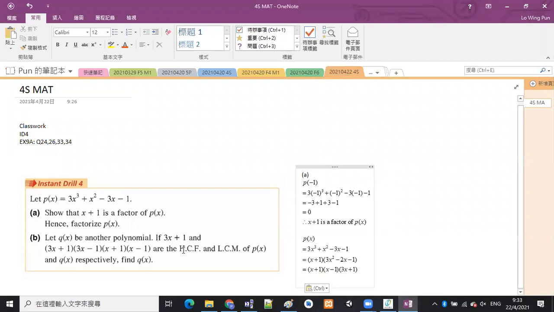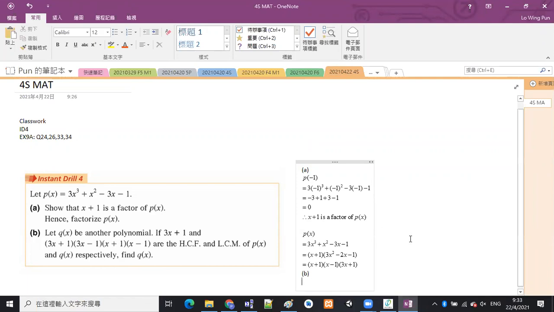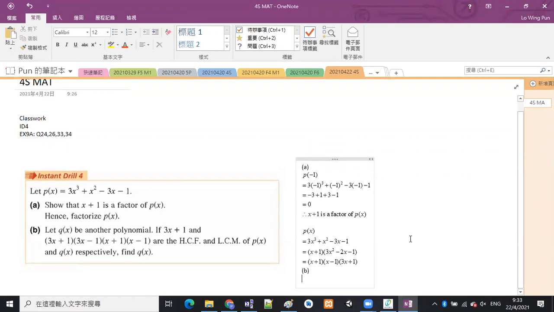polynomial. If 3x plus 1 and this long polynomial are the HCF and LCM of P(x) and Q(x) respectively, find Q(x). So now we have two polynomials, P(x) and Q(x), two only, right? And then we have the HCF and LCM given.